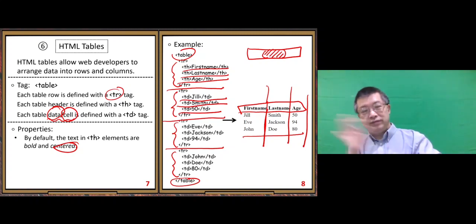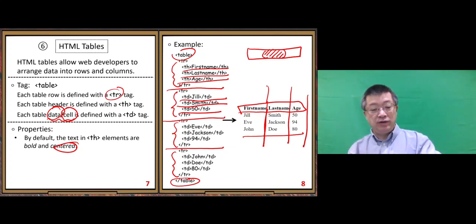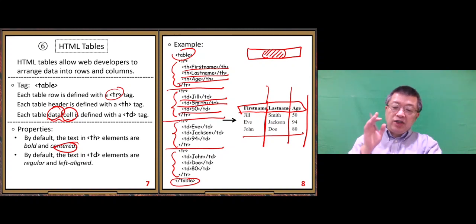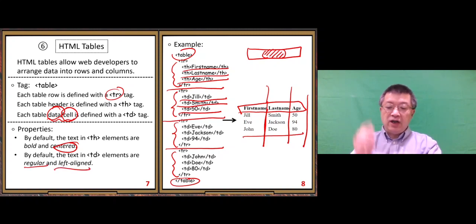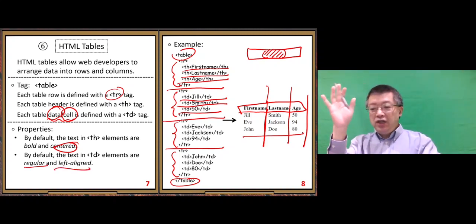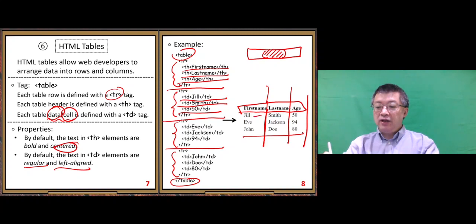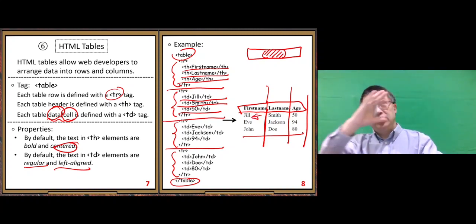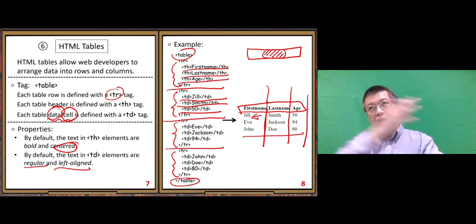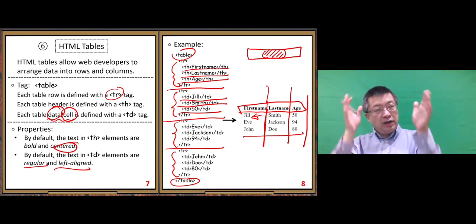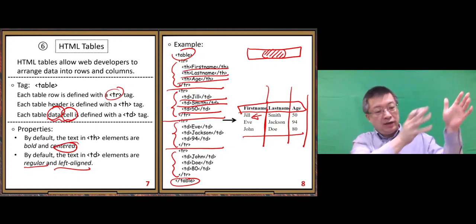By default, you can change if you want. For TD elements, by default, regular, no boldface, and left aligned. So for TD case, left aligned, not centered, you push to the left, not right aligned, not center aligned, left aligned.